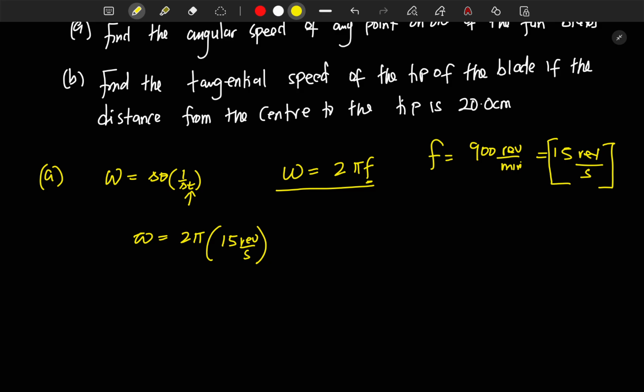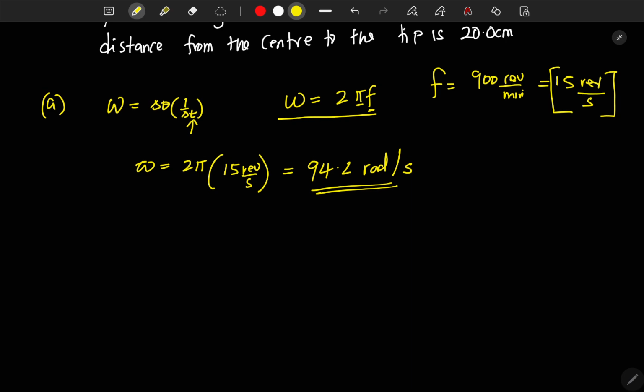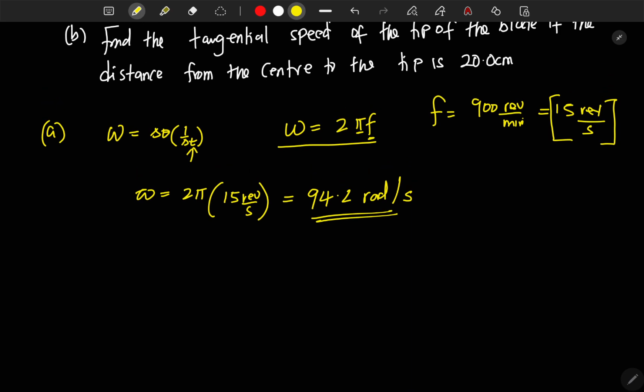I'm getting 94.2477 like that. So I'll leave it at 94.2 rad. Now these are already rads. By virtue of multiplying by 2 pi, they are no longer revolutions, they are now rads. So this will be the angular speed. Remember we said the units for angular speed are rads per second.